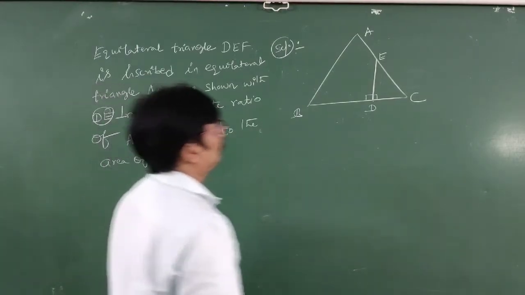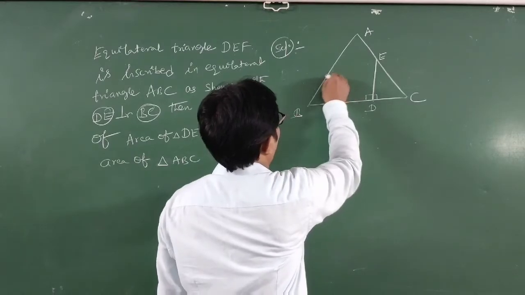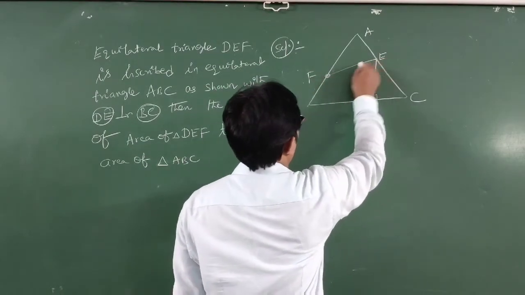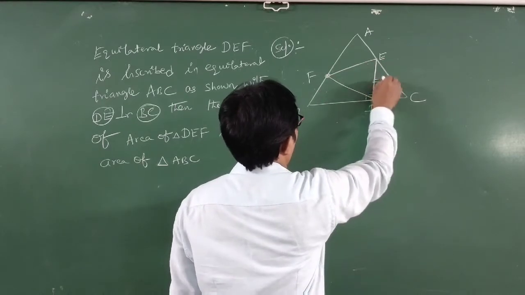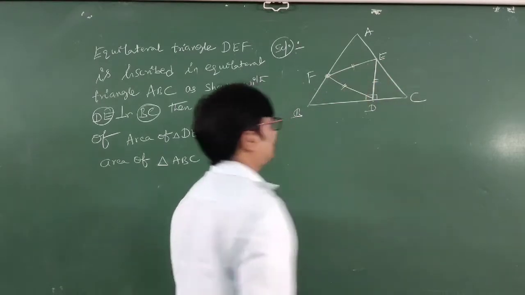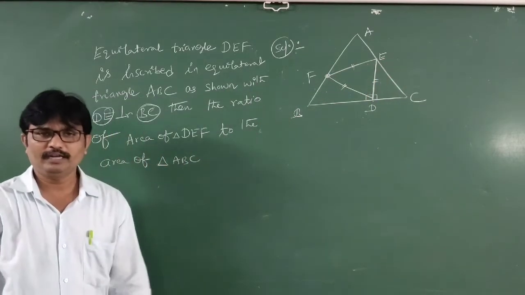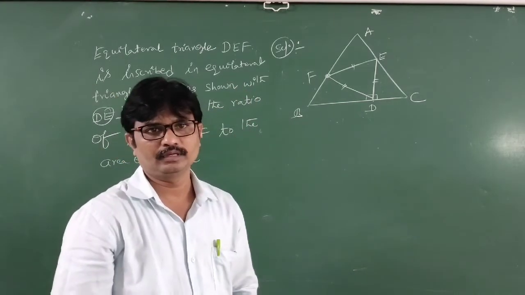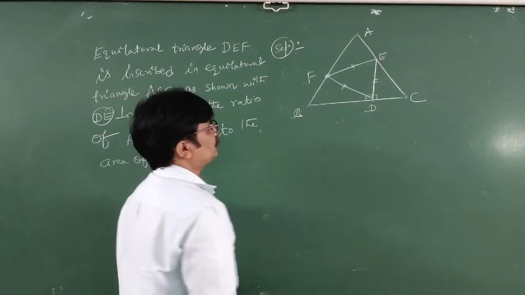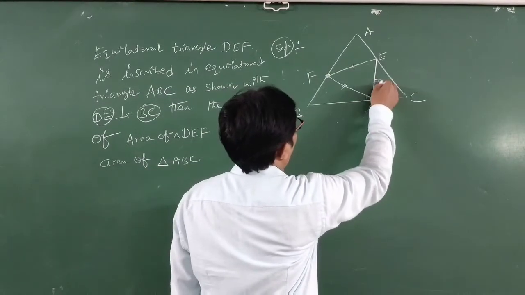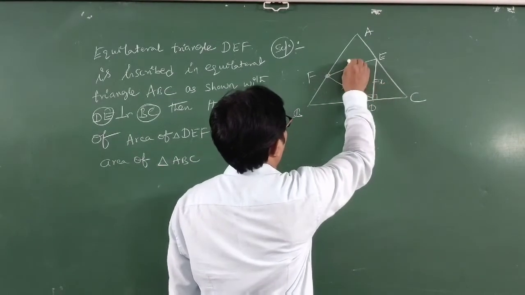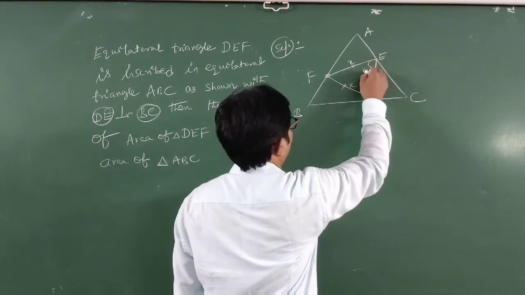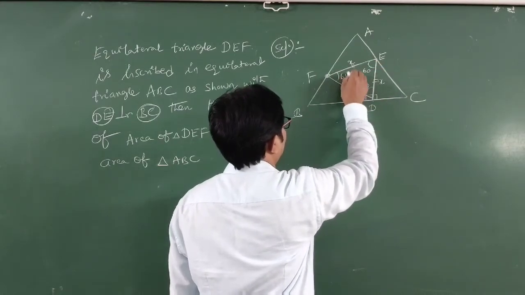So students, when we take F as the point, all of you observe the DEF is also an equilateral triangle. But students, the DEF is inscribed in triangle ABC. Is it clear? Suppose, students, we take the side as X. In DEF, this is 60, this is also 60, this is also 60.